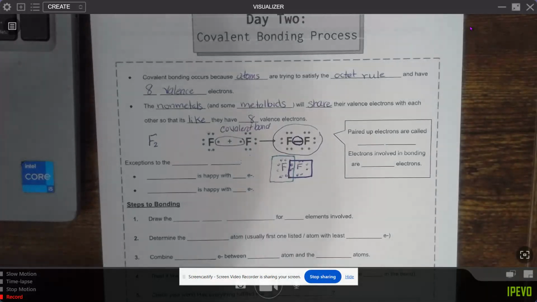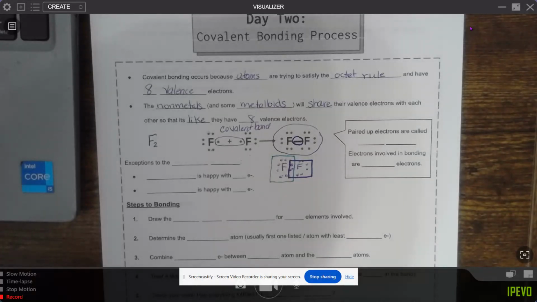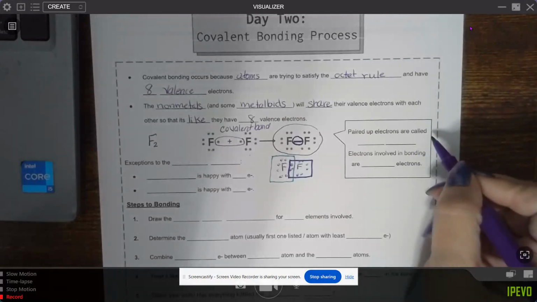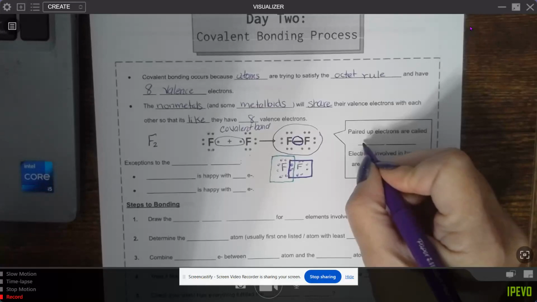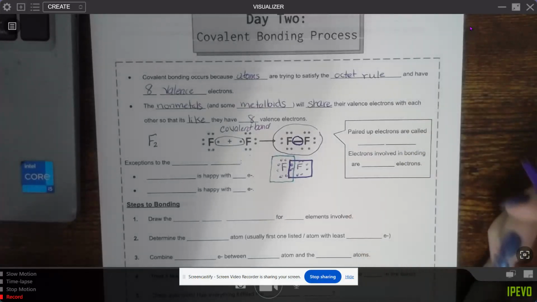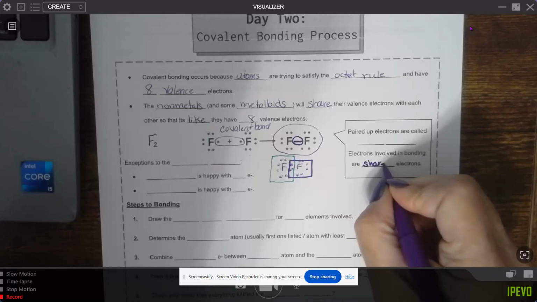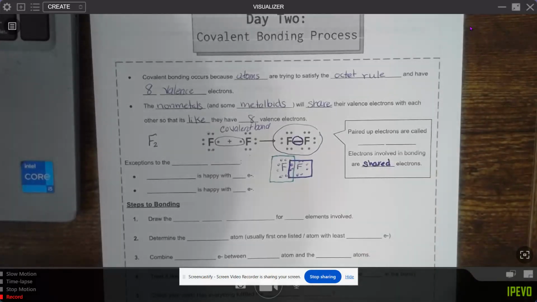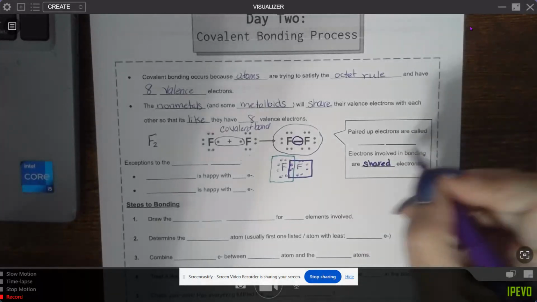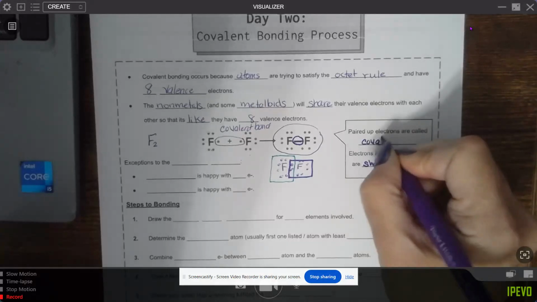All right, so a couple of terms. Electrons involved in bonding are called shared electrons, and the paired up electrons are going to be what we call a covalent bond.